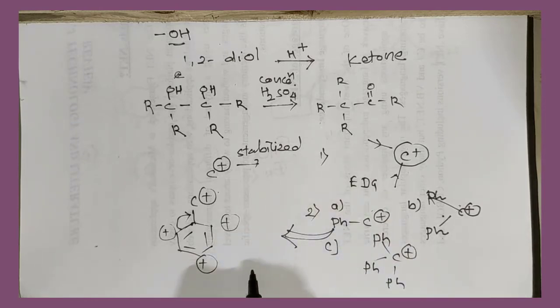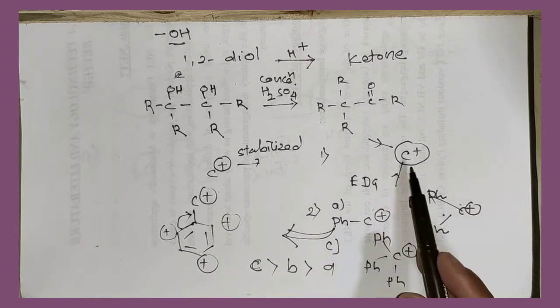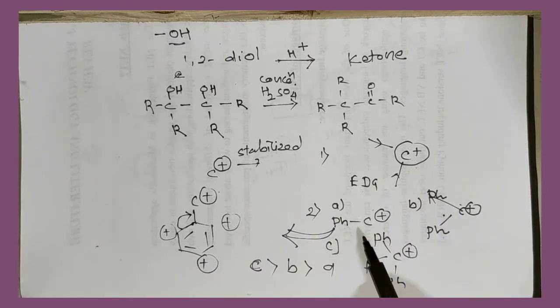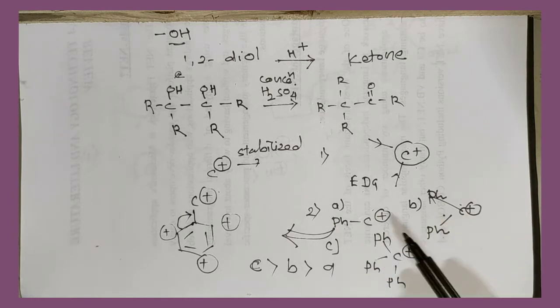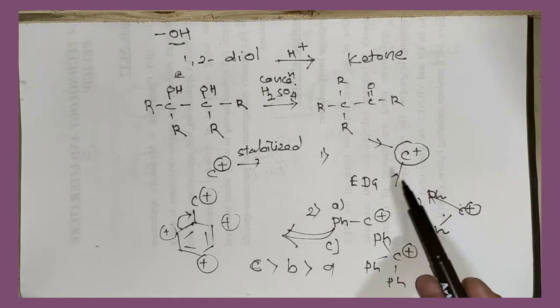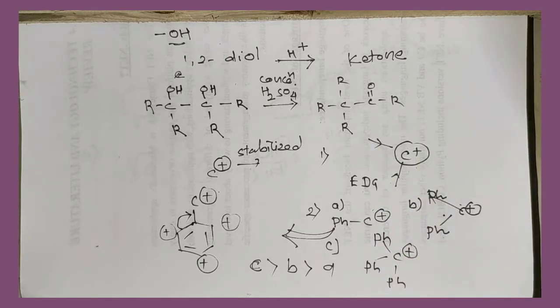So we can say that C is more stable than B, than A. So a carbocation can be stabilized in two ways: either we attach an electron donating group nearer to the carbocation, or we add functionality in which the carbocation is in resonance. If the number of resonance structures increases, stability of the carbocation also increases. If electron donating groups increase, stability of the carbocation also increases. Now this concept is used in this reaction, that's why we are discussing it here.